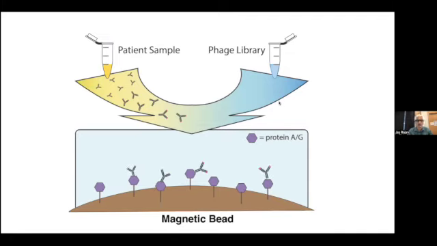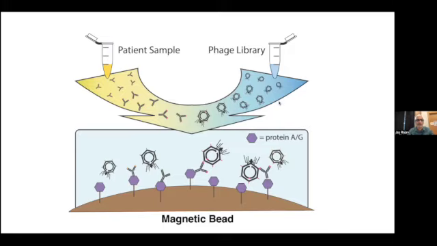with the phage library. The antibodies are captured using protein A and G that has been conjugated to magnetic beads. Essentially, antibodies that recognize peptides in one's phage library are retained, and the phage that are not bound to antibody are washed away.